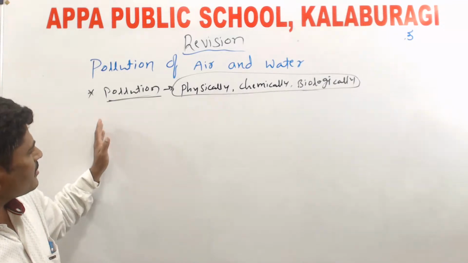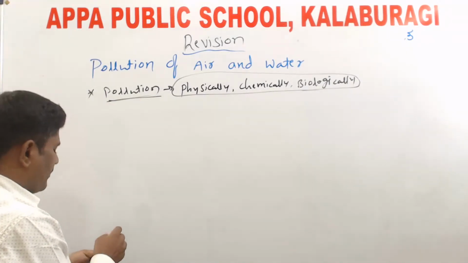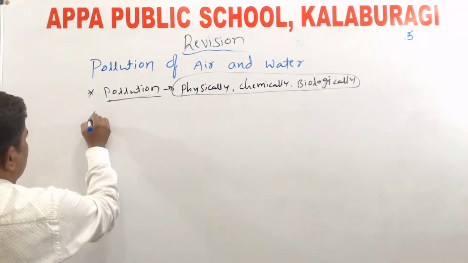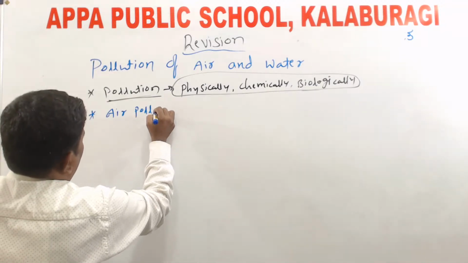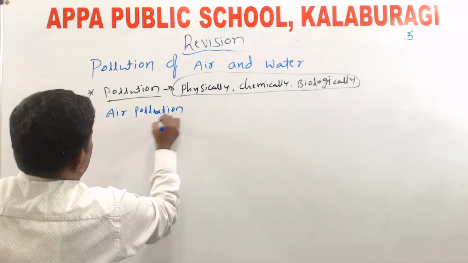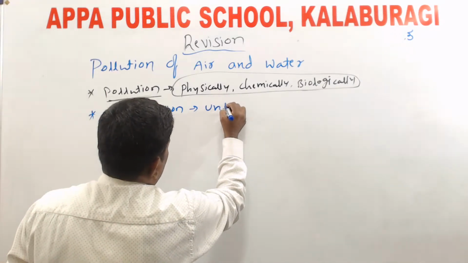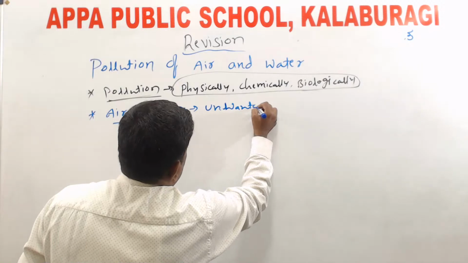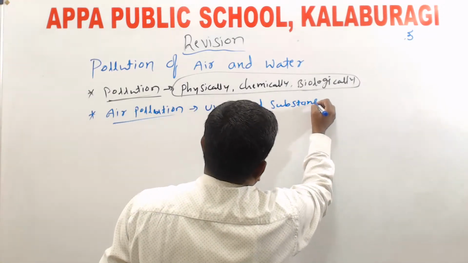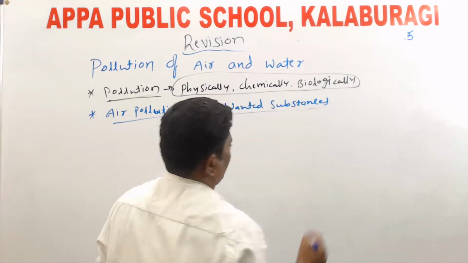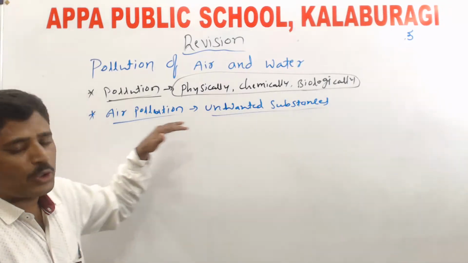Yes, anyhow, we have discussed. Let us come to the point. Air pollution. What is meant by air pollution? Air pollution means unwanted substances enter into the air, and that condition is called air pollution.